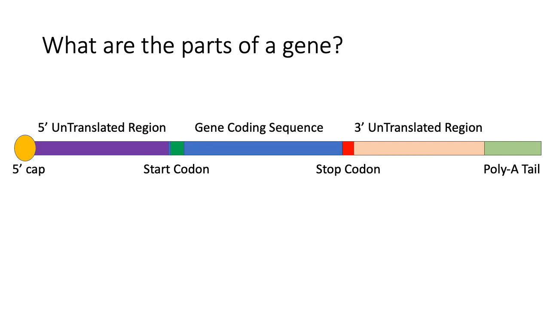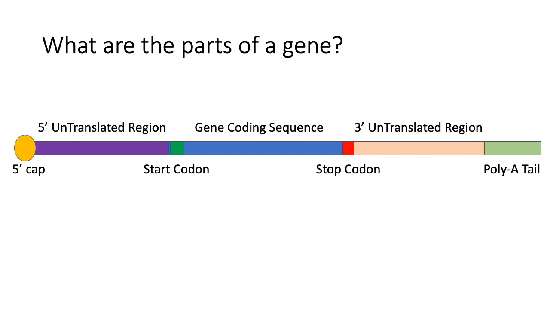They are not like introns where they get transcribed and then cut out later. I mean, these regions do not get translated and then cut out later. No. These don't even get translated to begin with. Okay? They don't get in the car and go to the dance. They're stuck at home. This is a gene: your 5' cap, your 5' untranslated region, your start codon, your coding sequence, stop codon, 3' untranslated region, and poly A tail.